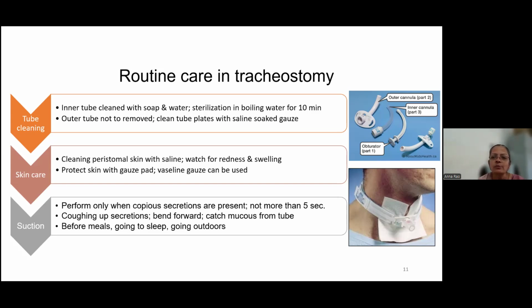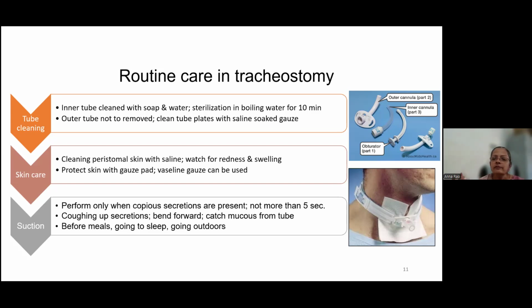You have to put a slit, how to do that, so that there will be some gap. It is beneficial to keep one finger gap between the plate and the skin, so that it doesn't become very tight. And while tying the tie, we will see further how to do it.